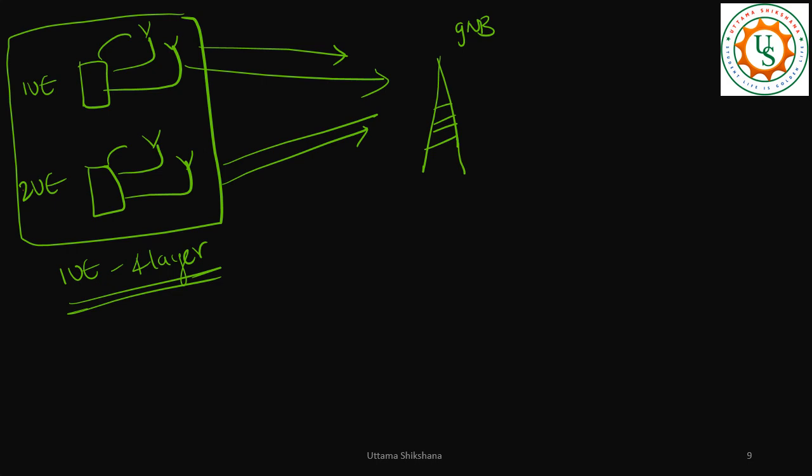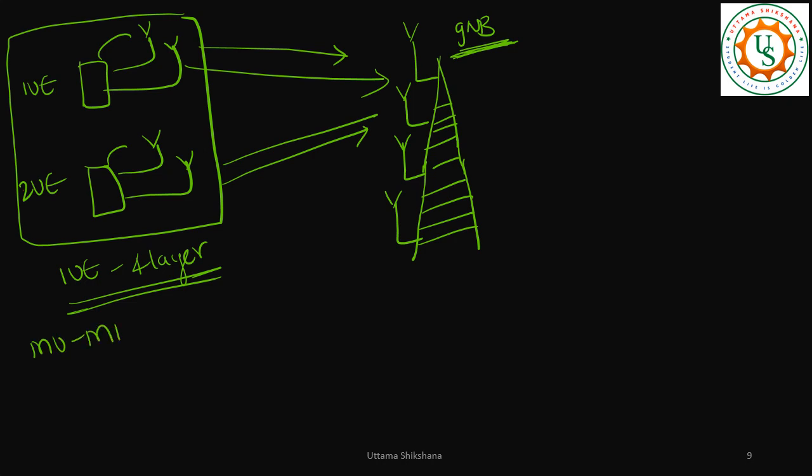If the G node B has to see it as a single UV 4 layer, then definitely this should have minimum 4 receive antennas. 2 antennas are not sufficient, so the requirement is to consider these two UVs as a multi-user MIMO case where these two UVs are paired based on certain conditions. Then at the G node B we need minimum 4 receive antennas.